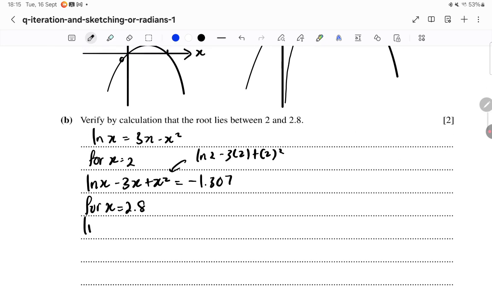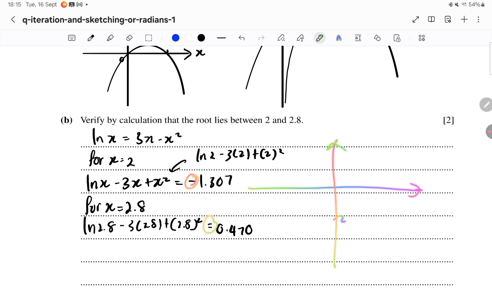And ln 2.8 minus 3(2.8) plus 2.8 squared. Over here I'm getting a positive 4.70. So if you can see, there's a sign change, negative, positive. So that shows that along the curve, it's coming from a negative value to a positive value.